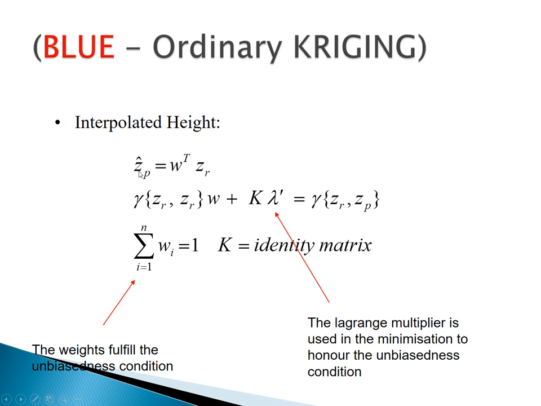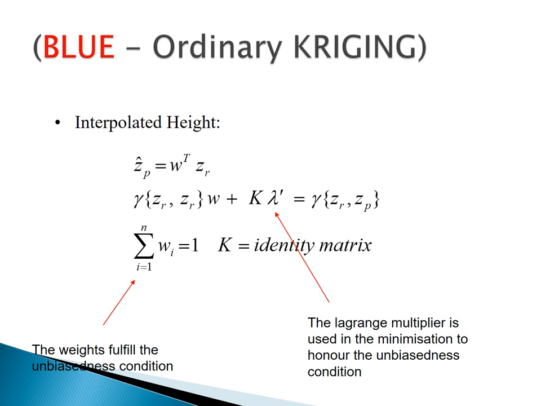So you can see again, the weight matrix times R is still the same setup. The only difference is that my gamma of ZR and P are impacted by gamma of the Z values times the weight plus this identity matrix and the Lagrange multiplier. But in this case, the sum of the weights needs to equal 1.